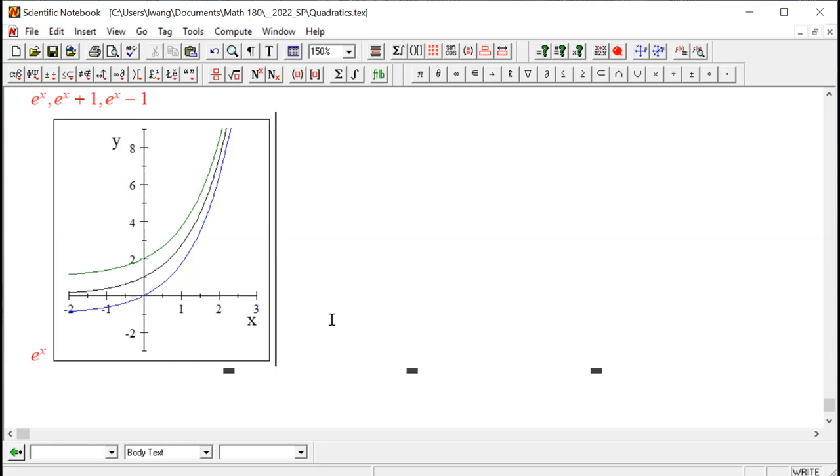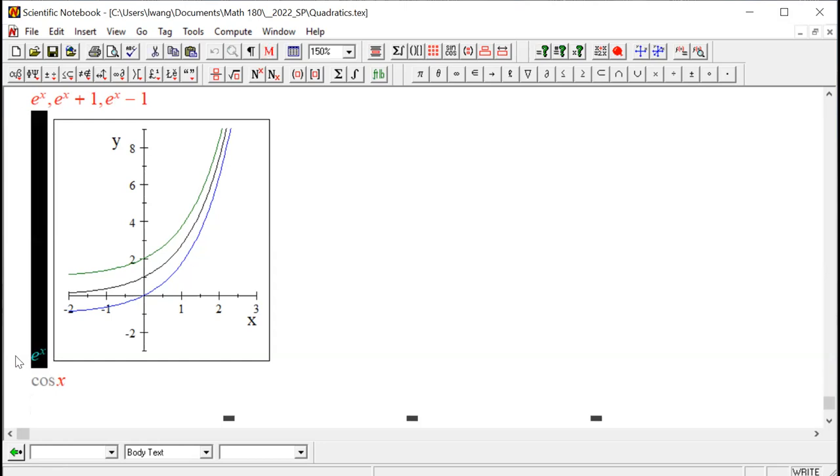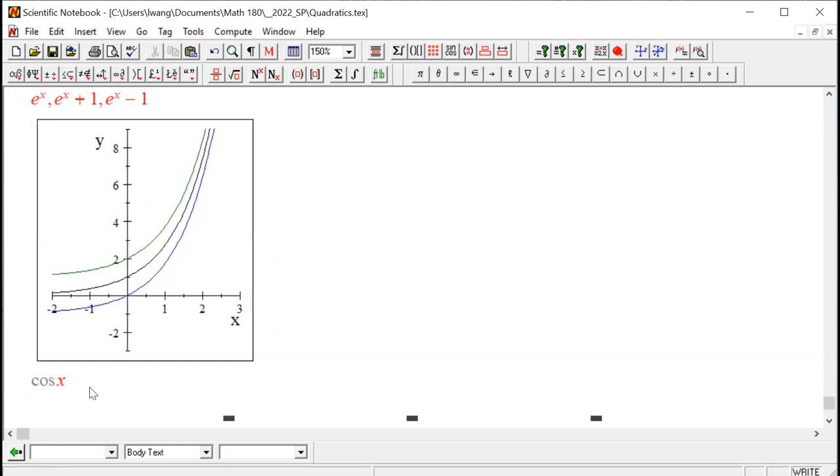Will this work for sine, cosine, tangent, cotangent? Of course. Let's take a look at cosine x. Cosine x plus 1, cosine x minus 1.